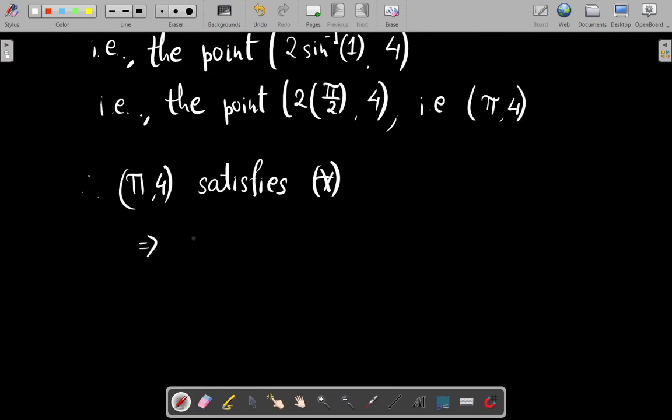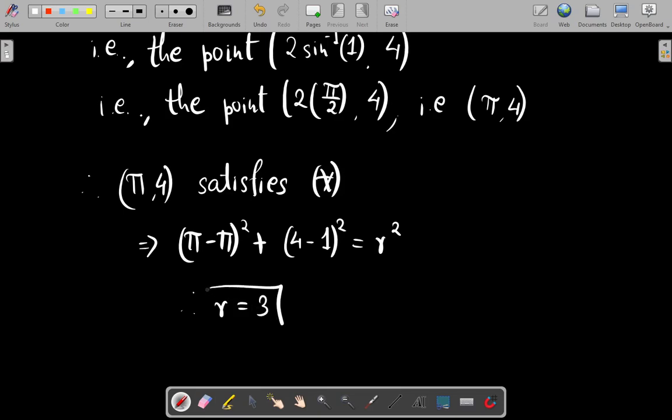This implies pi minus pi whole square plus 4 minus 1 whole square will be equal to r square. So the first term will become 0, and this becomes 3 square. Therefore the value of r is equal to 3. This is the required final answer, which is the radius of the circle. Okay, so this is it. Thank you.